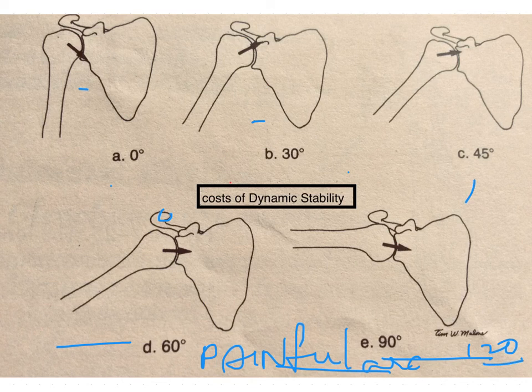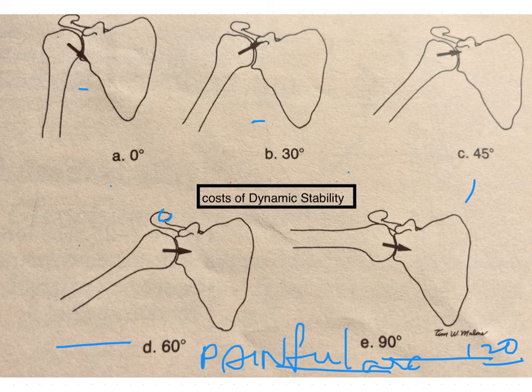This is the difference between supraspinatus rotator cuff tears and acromioclavicular degeneration.